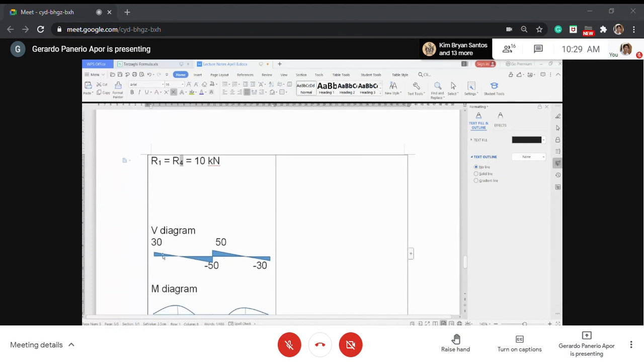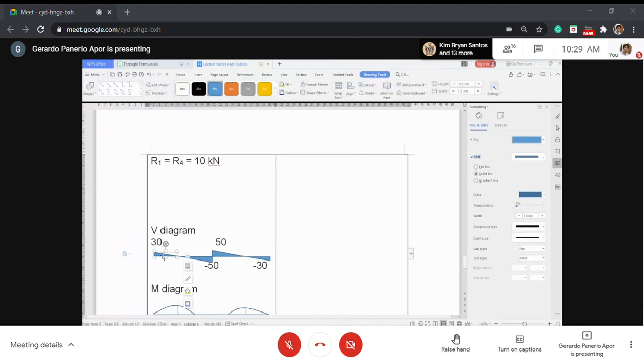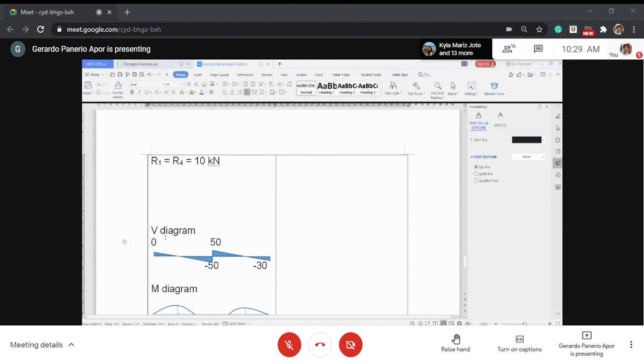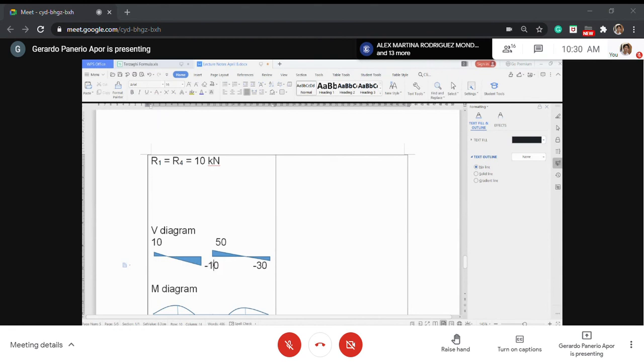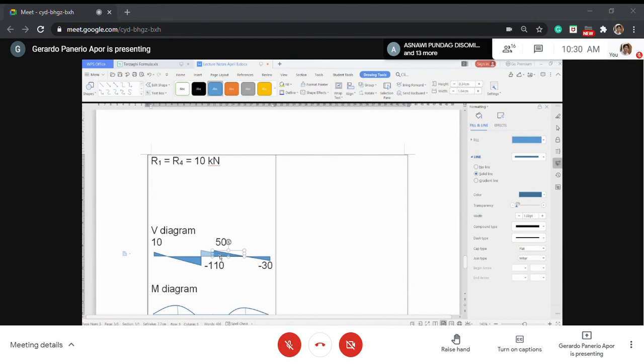So we will have this as our shear diagram. This will become 10. And then this very short one. Then here you have bigger, and that one will become 110. Then the second one, 10, 4.